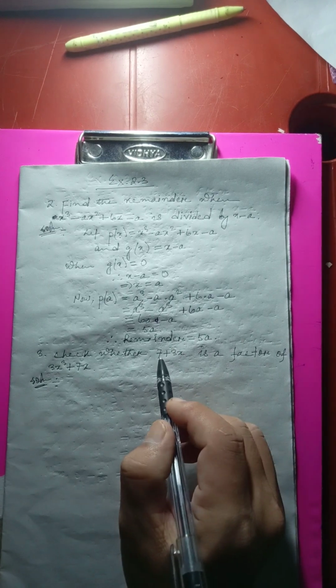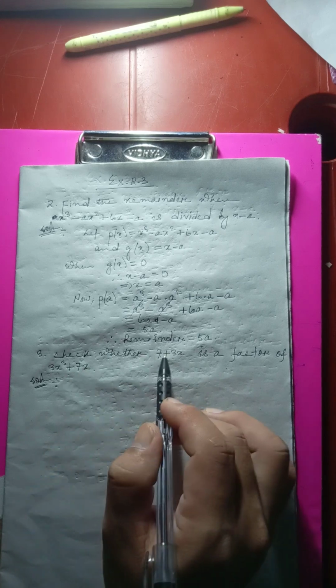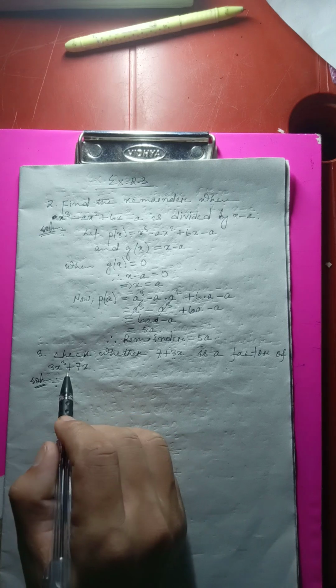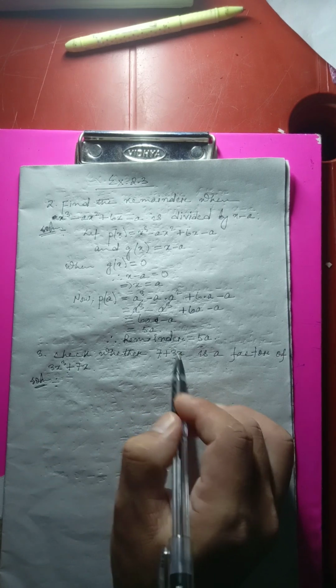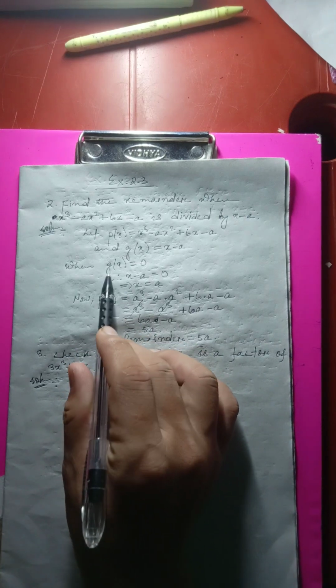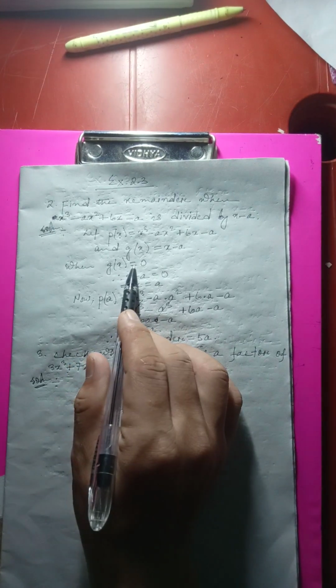Okay, then let us move to question number 3. In question number 3, we have to check by using this polynomial to divide this number. First, we find the value of x from here, same as we did before, by equating it with 0.